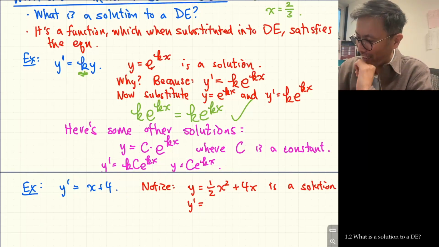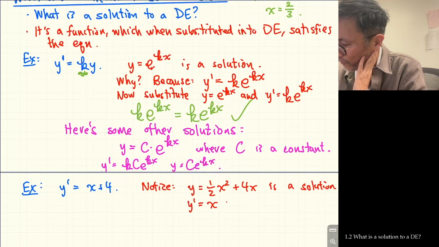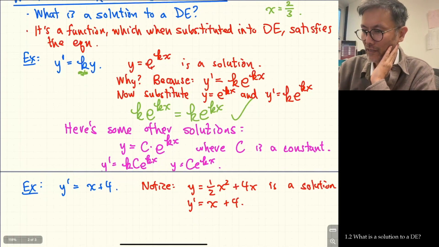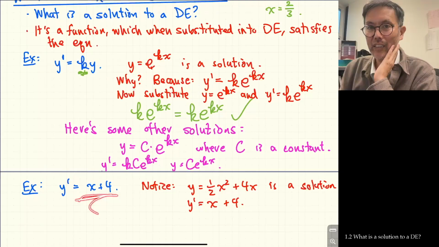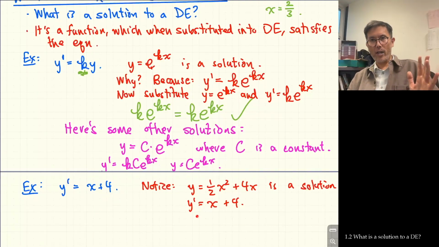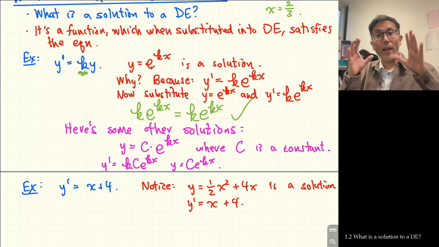So just relax. The derivative of this is x, that's the whole point, and the derivative of this one is 4. Oh my gosh, which is exactly what we have here, right? So indeed, when y is equal to 1/2 x squared plus 4x, y prime is equal to x plus 4, and we get exactly a solution to this differential equation. So that's a solution.